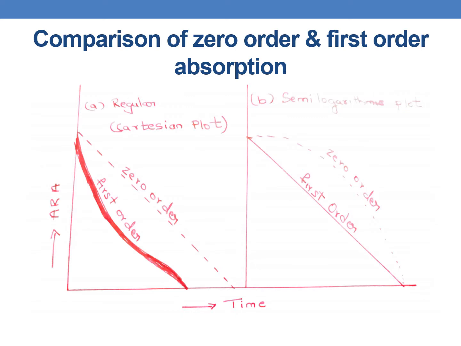This is the comparison of zero order and first order absorption. Here a plot of ARA versus time is taken. As you can see, in a regular plot, for zero order absorption, the plot of ARA versus T is linear with slope equal to the rate of absorption for a zero order process.